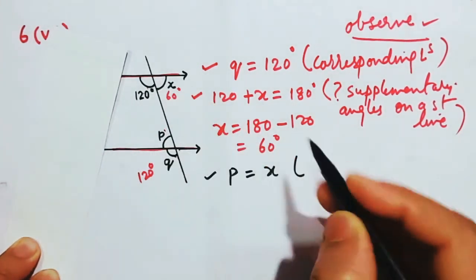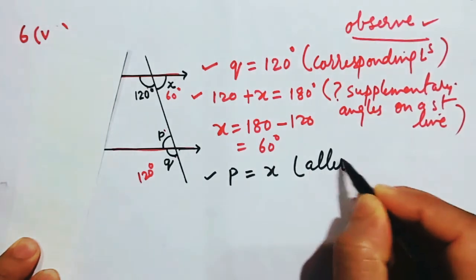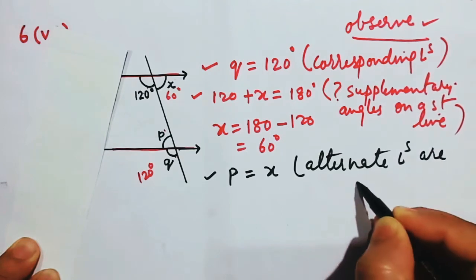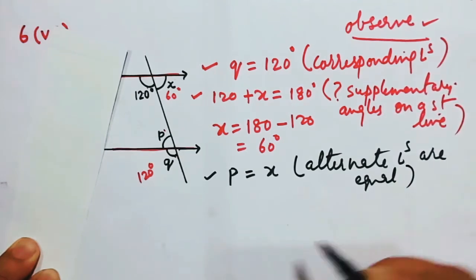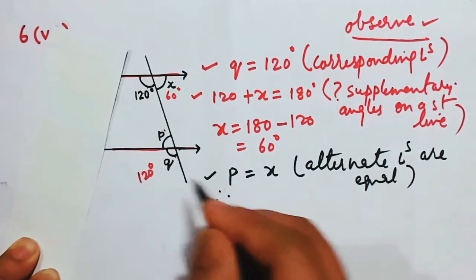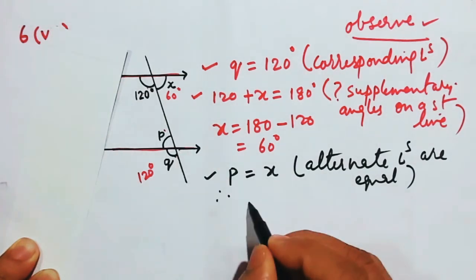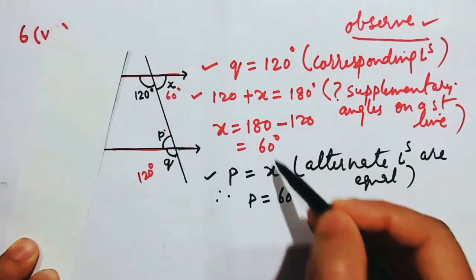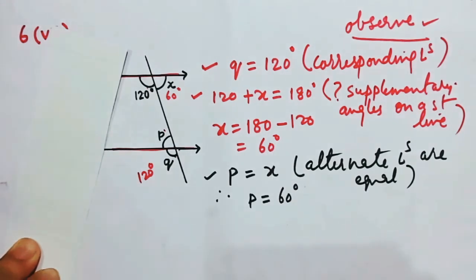Therefore alternate angles, isn't it? Alternate angles are equal. Therefore the value of P will be equal to 60 degree. Why? Because x is equal to 60 degree.